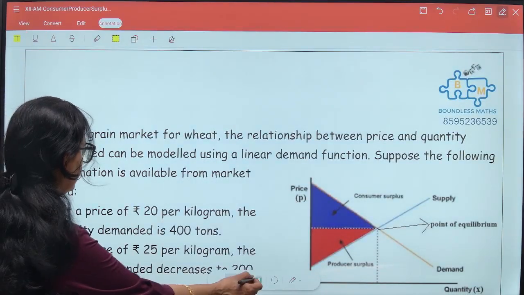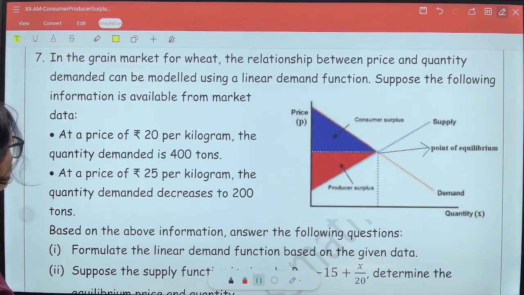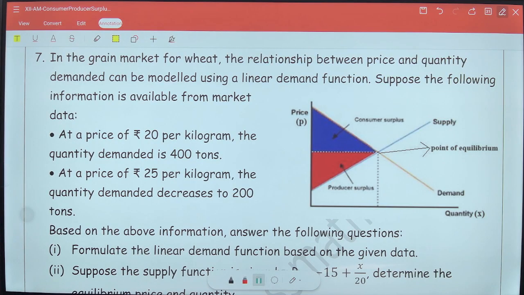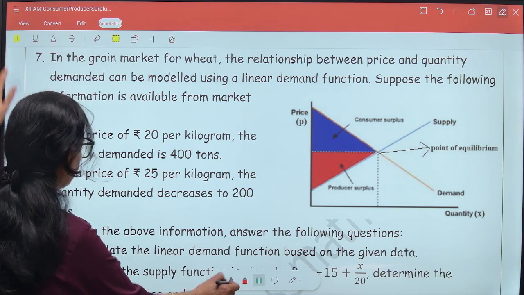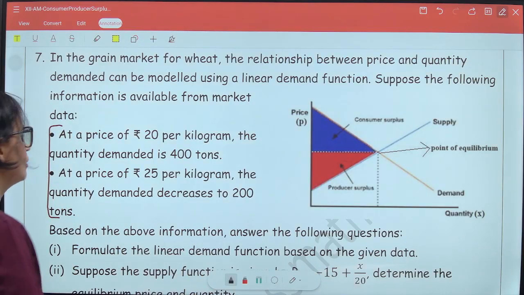Now again, you are given a linear demand and supply function. So in the grain market, the relation between price and quantity is given to you. Suppose the information is this: at a price of rupees 20 per kilogram, the quantity demanded is 400 tons, and at price 25, it is 200 tons. So you are given some data points for the demand function.